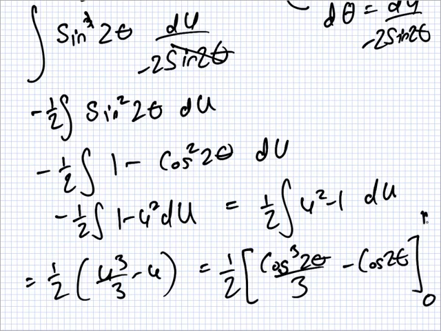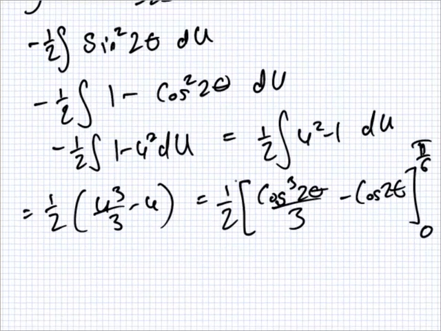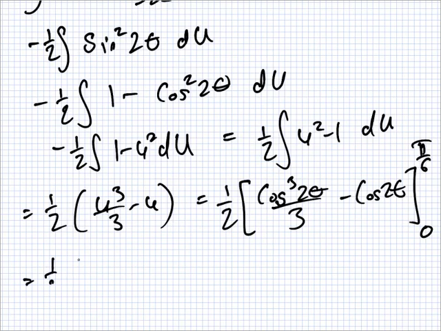And what was the limit? 0 and pi over 6. So if we put in pi over 6, cos pi over 3, it's a half.